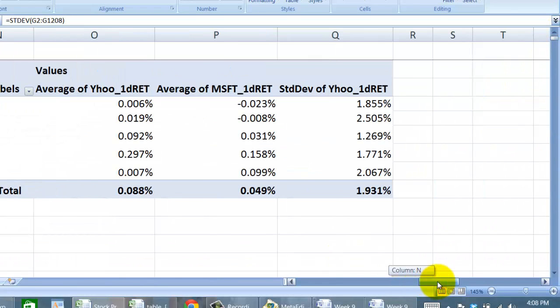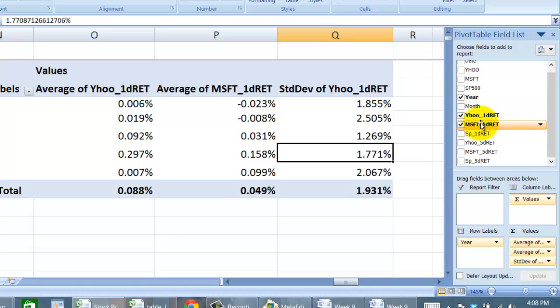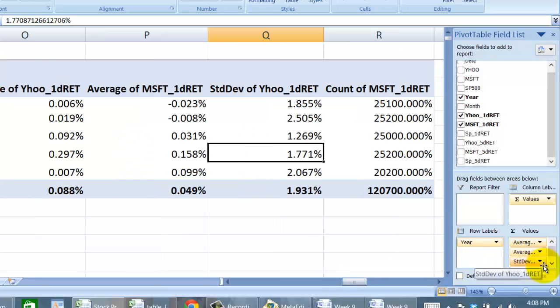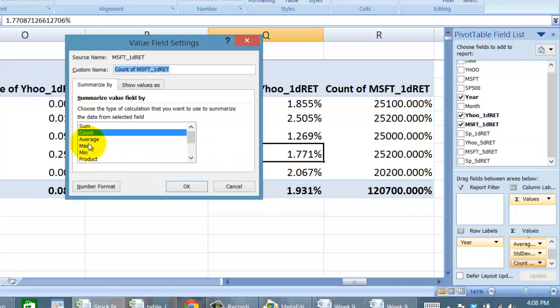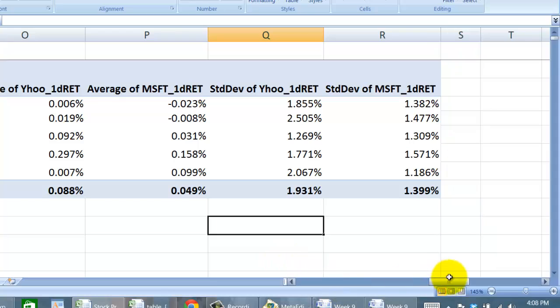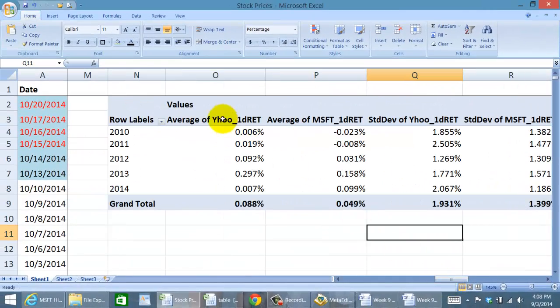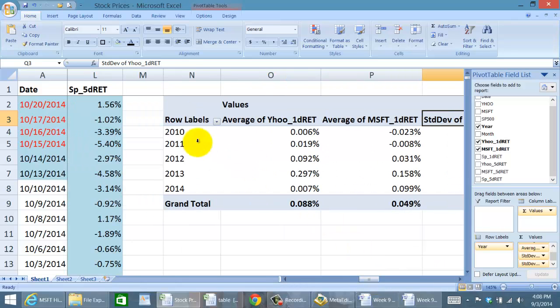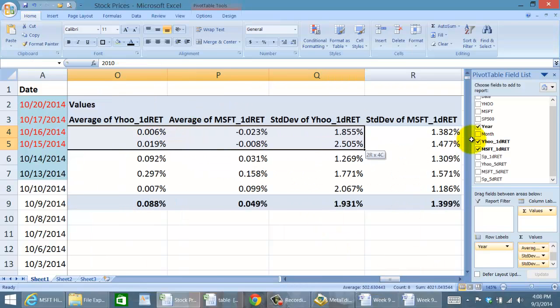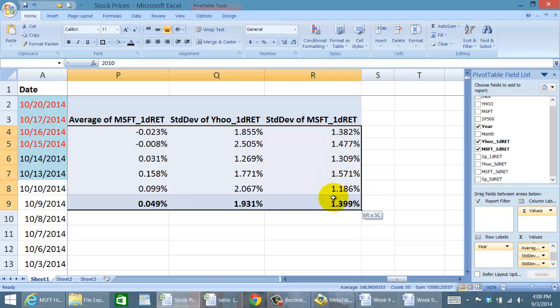So this table, of course, you can easily put Microsoft in, and then instead of count, we want standard deviation. Yep. So you know what, sometimes you don't like the name already given, and most of the time we have to work more with the table provided by the pivot table.